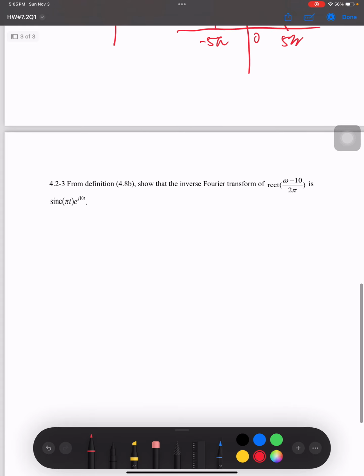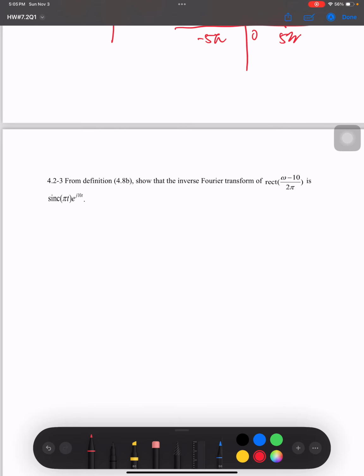And the next question is, according to the definition of the inverse Fourier transform, show that the inverse Fourier transform of the rectangular function is this sinc function. So we basically just calculate the inverse Fourier transform. It's just the integral, from the Fourier transform definition, from negative infinity to positive infinity, times e to the j omega t d omega.